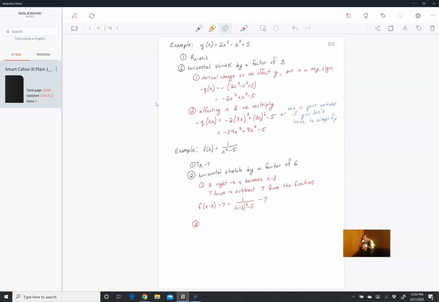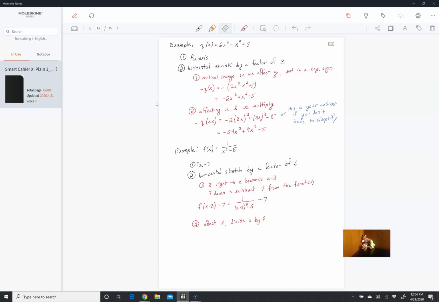Okay, let's take the second one. A horizontal stretch by a factor of 6. We're affecting the x. Because it's a horizontal stretch. When we horizontally stretch, we're making it wider. Okay, we're taking this rubber band, we're stretching it horizontally. When we stretch it horizontally, it gets wider. So we divide. We're dividing by 6 because we were told we're dividing by a factor of 6.